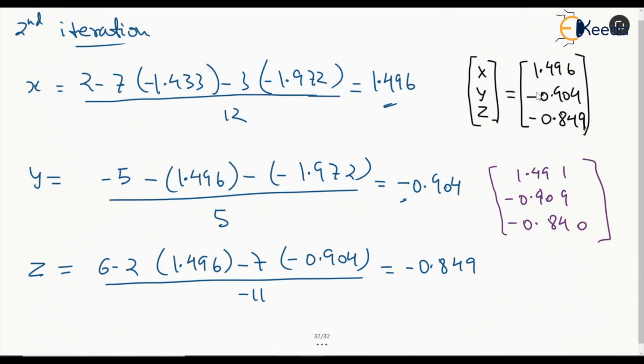Let's see this. If you see up to 2 decimal places, we have the same values in both the cases. Of course, the first value is also the same, and although the third place digit is actually varying a lot, still up to 2 decimal places, this is acceptable. So in that case we can stop here. Otherwise, if they ask for 3 decimal places, then we'll have to keep on doing the iterations, right?